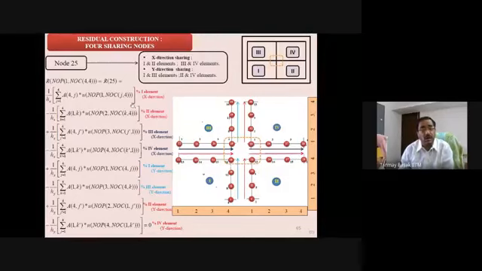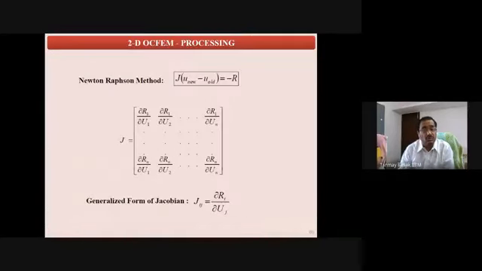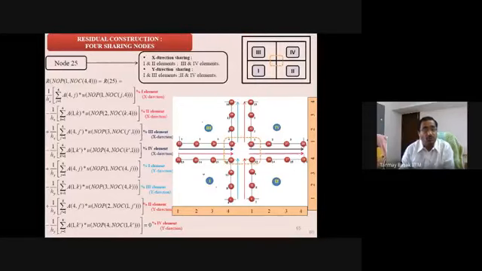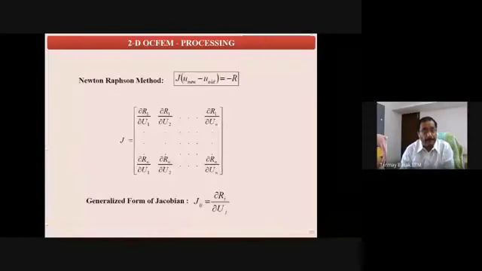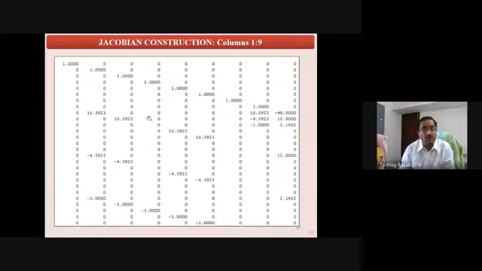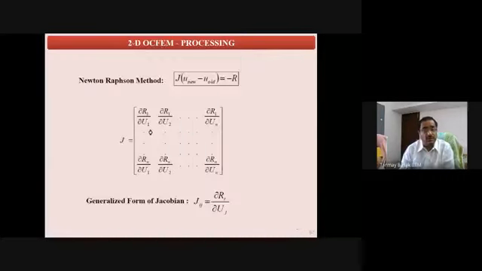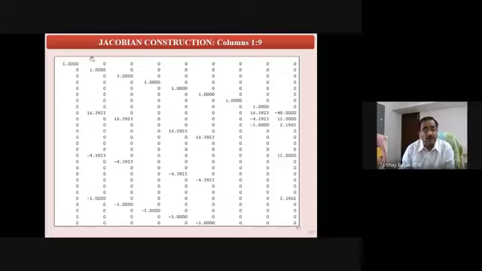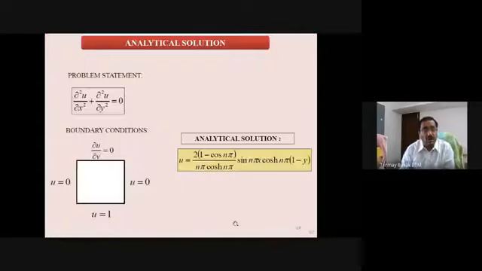We can actually have the element-wise vectors, and we go for the Newton-Raphson method to get the solution. So when we see the Newton-Raphson method, we can see this kind of Jacobian construction, and we can look into the analytical solution part now.